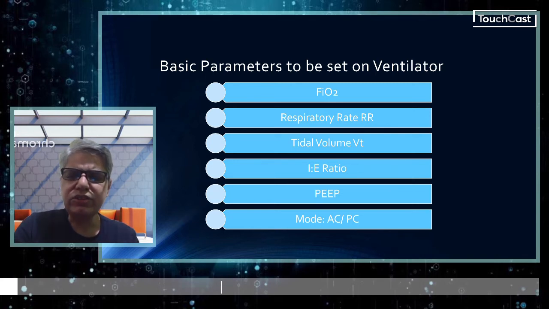And as the child is improving, then you can go on to other modes like synchronized intermittent mandatory ventilation with some pressure support, which is usually used when the child starts doing some breathing and the sedation level is being reduced. So you give a trial, and if the child is having some spontaneous breathing, then you can prepare the child for weaning and for extubation.